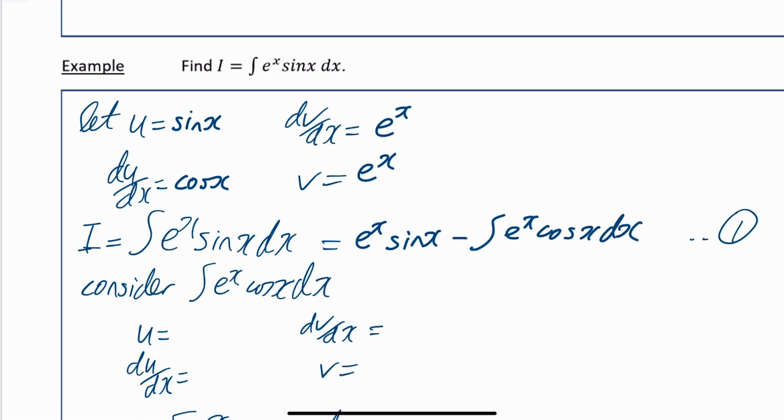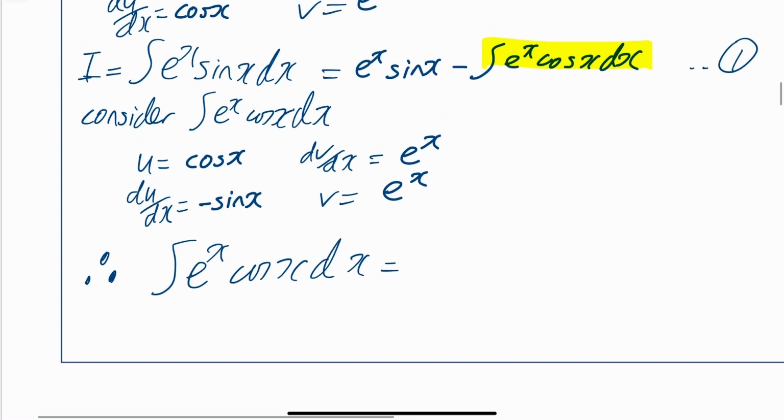Now what we've got here, we haven't actually got a simpler function. This integral here is just as complicated, or certainly no more complicated than this one, but we're just going to persevere with this and see what happens. We're going to consider the integral of e to the x cos x and do it the same way as you've just done. So let the u be the trig function, and if you differentiate that, then you'll get minus sine x, and your dv is equal to e to the x, and if you integrate that, you'll get e to the x.